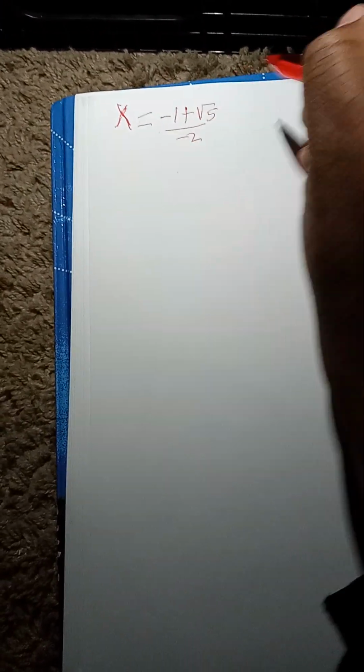So starting with x is equal to negative 1 plus square root of 5 divided by negative 2, and x is equal to negative 1 minus square root of 5 divided by negative 2.